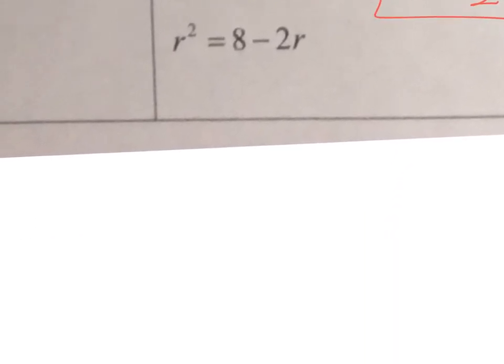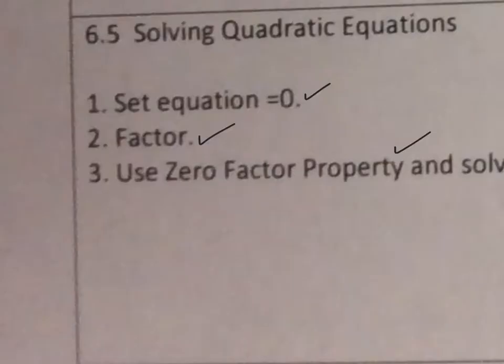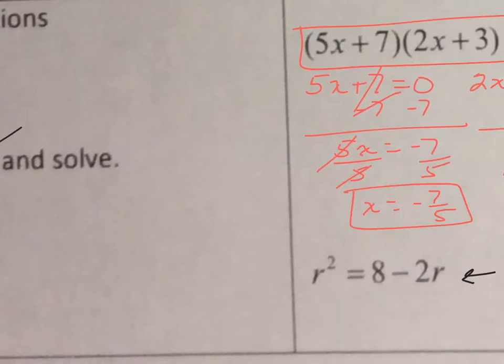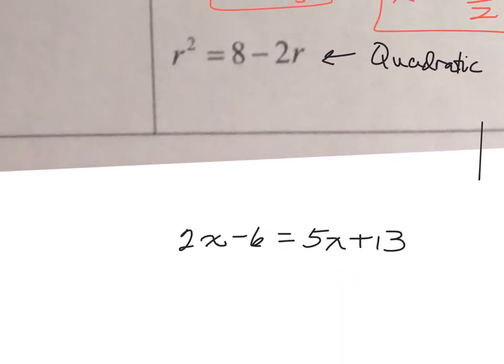Okay, then you could see a problem like this. Let me pause for a minute. Okay, so on this problem over here, let's get it equal to 0 first. So, let's subtract 8 from both sides. And let's add 2r to both sides. Sometimes people say, couldn't I have just subtracted r squared from both sides? And the answer to that is yes, you could have.